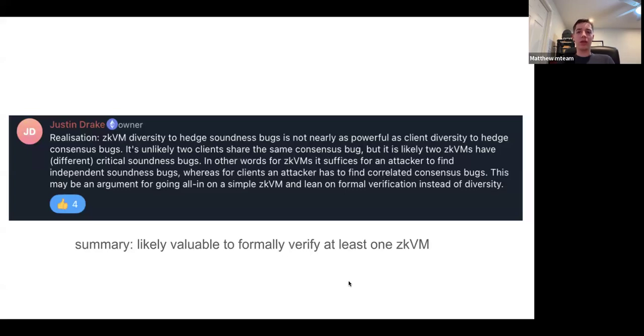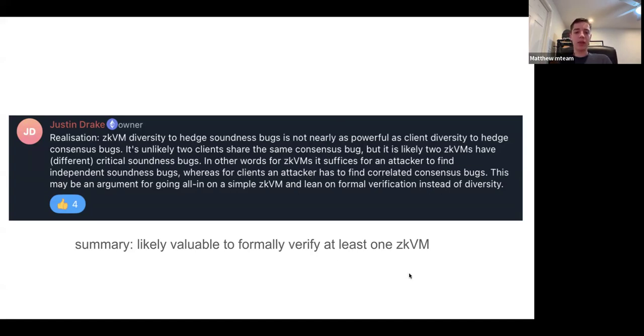Client diversity bugs appear in different places in the client. Maybe there's one in the execution, the consensus, or whatever. So if you have multiple implementations, it's unlikely that they'll have the exact same bug. But ZKVMs can have a completely different bug in implementation, but still have the same end effect of not being sound.